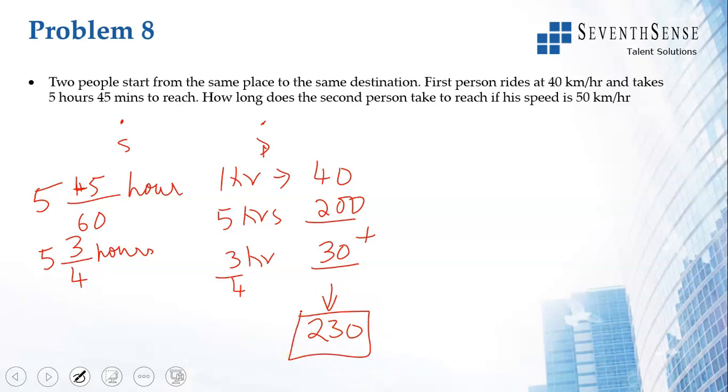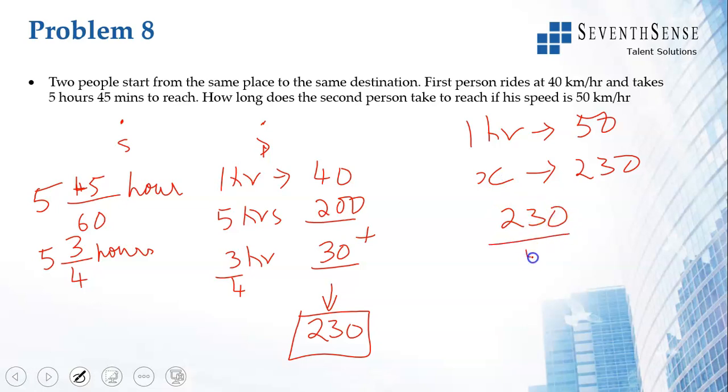Now, what is the time taken by the second man to reach? So distance is the same. This guy in 1 hour is covering 50. How much is the time taken to cover 230? What is x? x is 230 by 50. 4.6 hours.